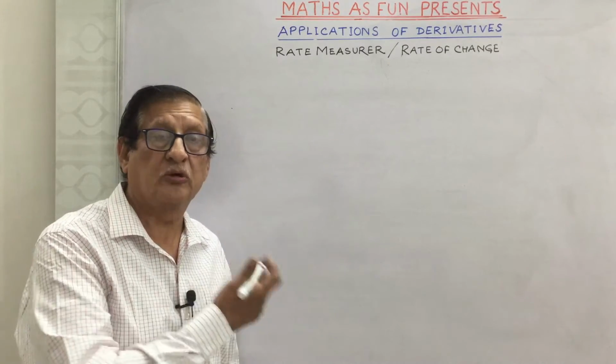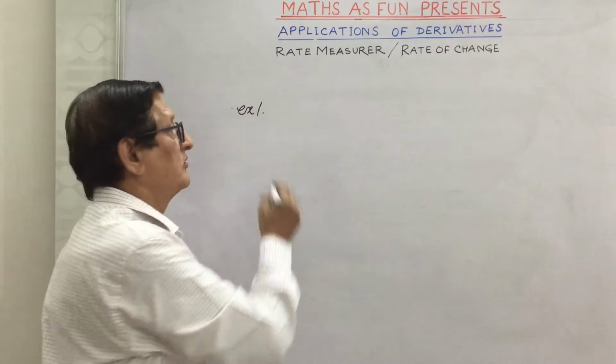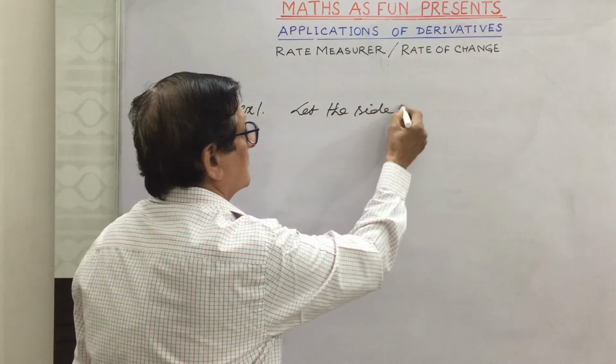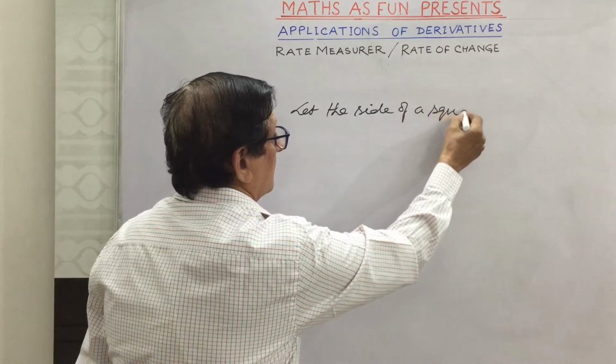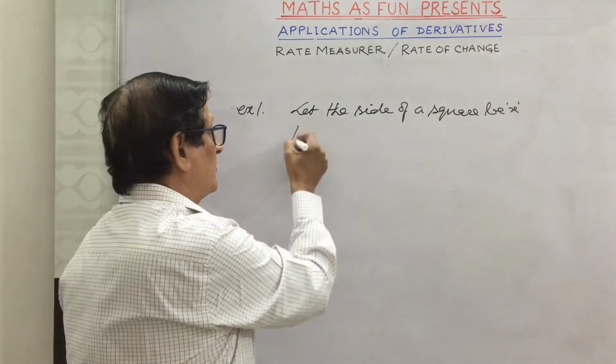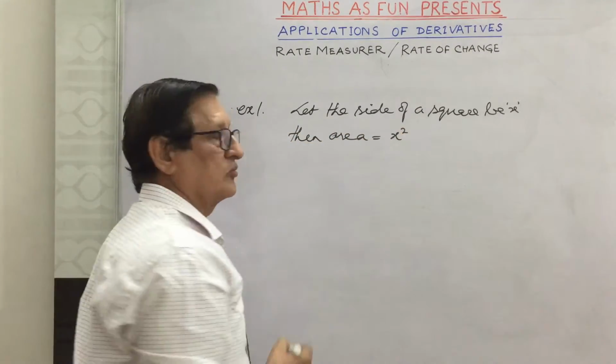Some examples to understand it more. Example number one, we can take the side of a square be x. Then we know its area will be given by x square.